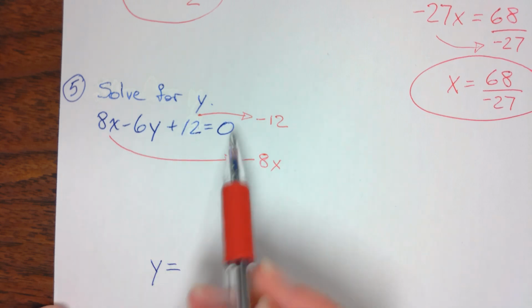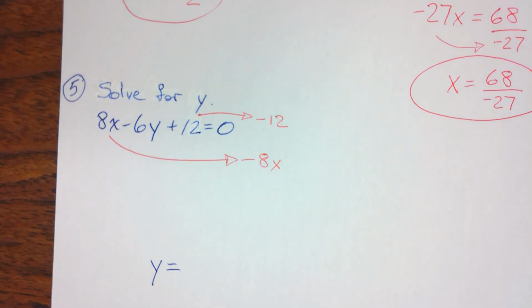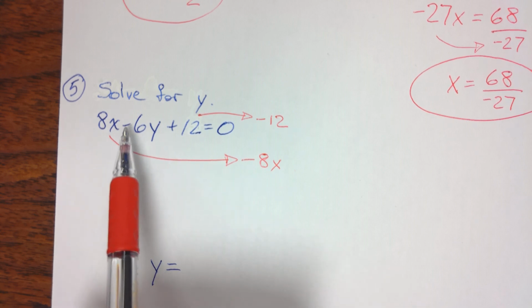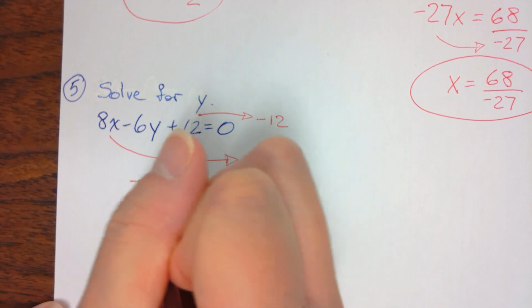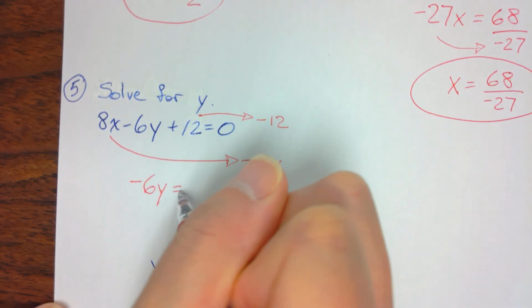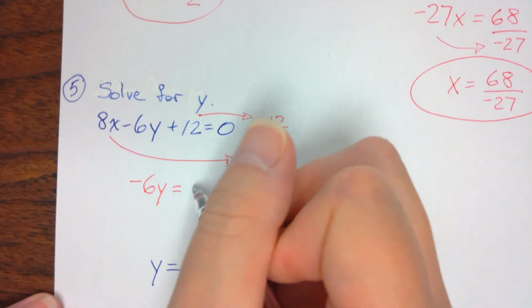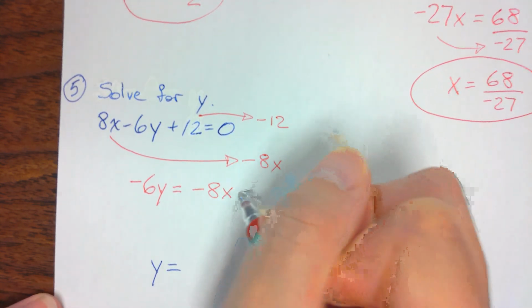So after I move those, what's left on the left side? Negative 6y. I saw that mistake for so many of you. Negative 6y is left on the left side. Okay. And then I get negative 8x minus 12.